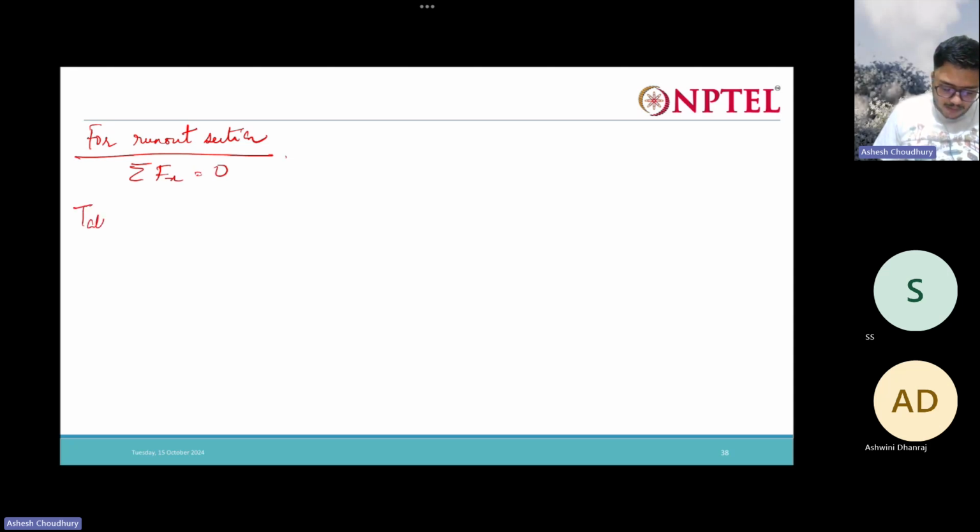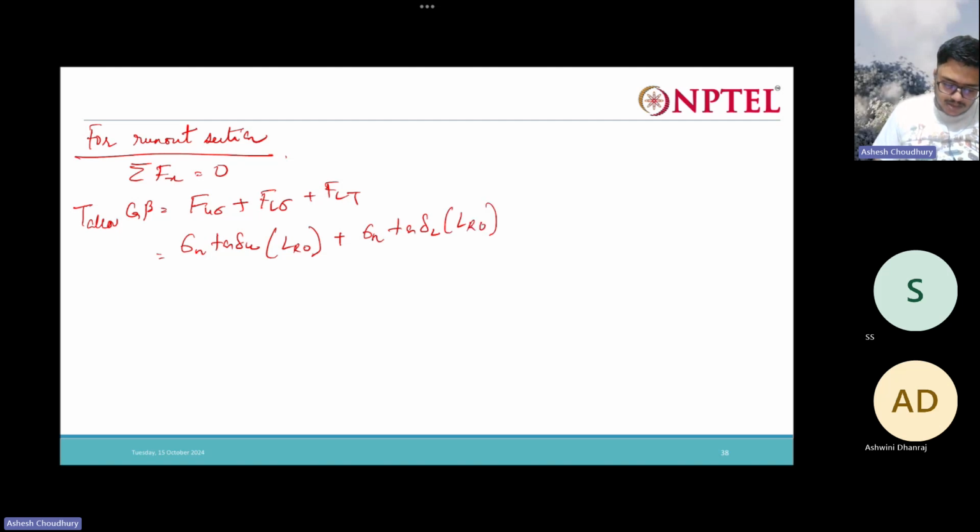Then T allowable into cos beta is the same as F_U delta plus F_L delta plus F_LT. F_U delta is sigma tan delta_U LR naught plus N tan delta_L LR naught plus 0.5 T allow sin beta LR naught.